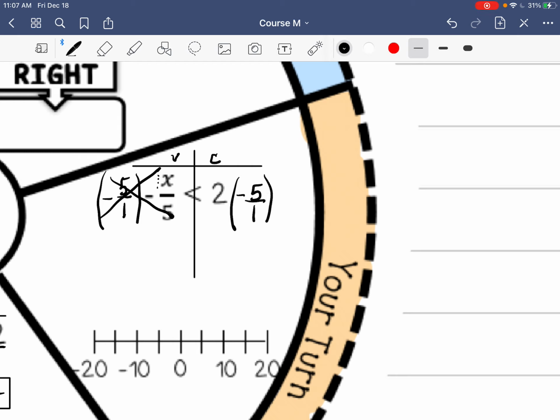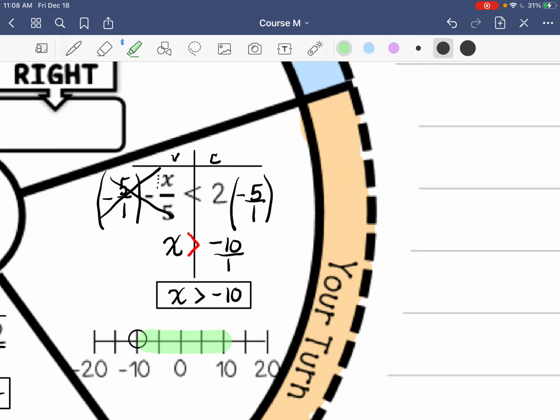So you guessed it, the sign, the arrow has to reverse. Becomes greater than. 2 times negative 5, that's negative 10 over 1. So x is bigger than negative 10. The interval sits right here. It's open, and I shade above.